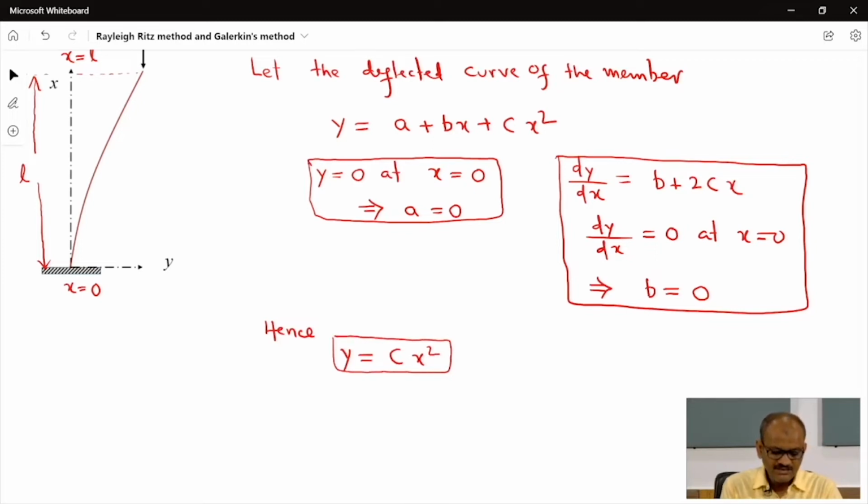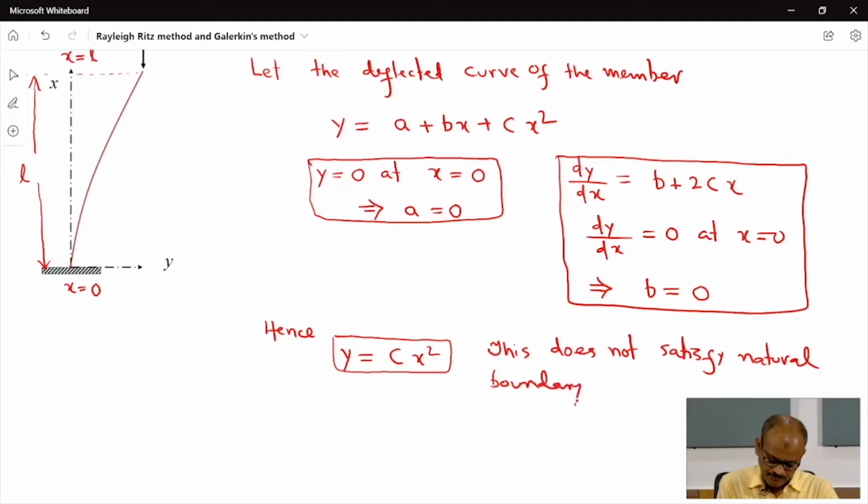One observation from here: this does not satisfy the natural boundary condition of zero moment at the free end.